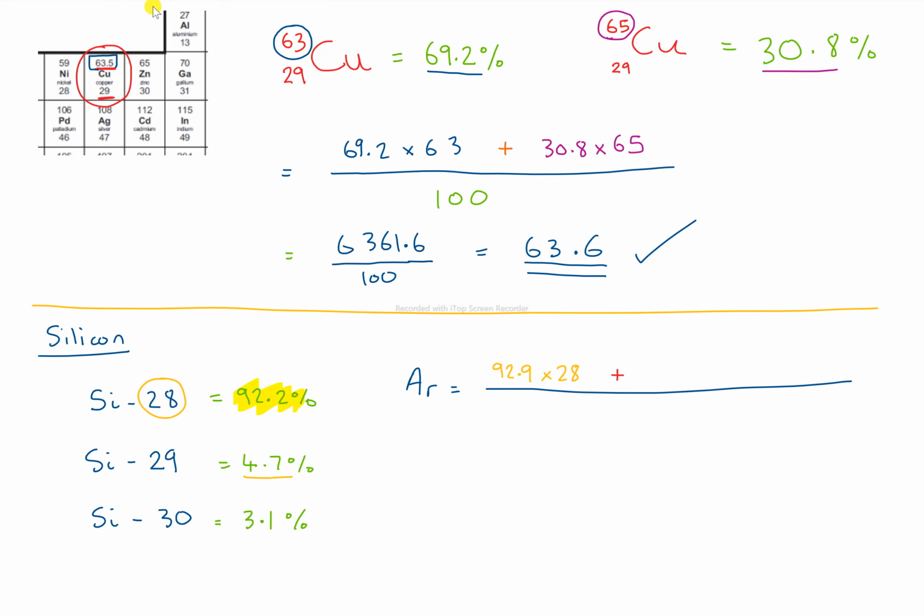So this percentage here, 4.7, times this number here, 29. Then we're going to add it, this percentage here, 3.1, times this number here, 30. And then we're going to divide it by 100 because there's 100%.